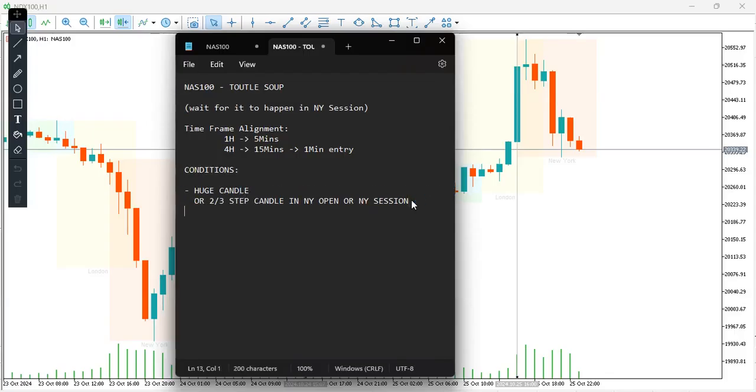If we can see this, then we will need this candle 1. Then we want to see candle 2 as turtle soup, turtle souping candle 1.